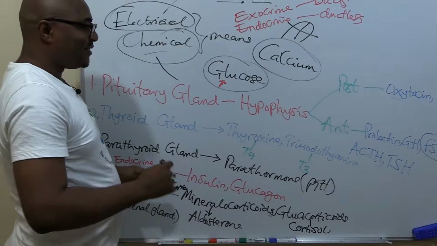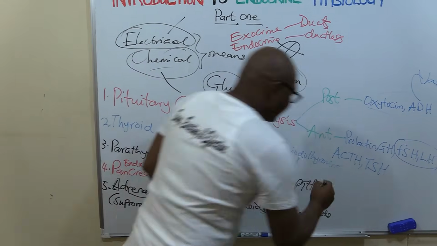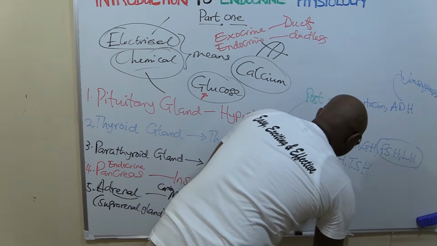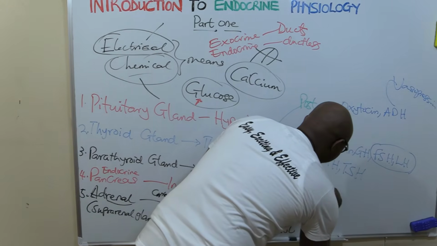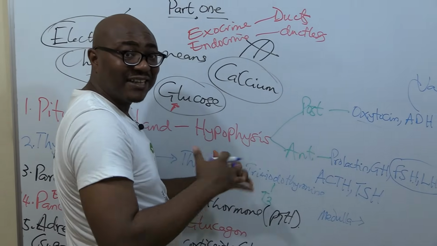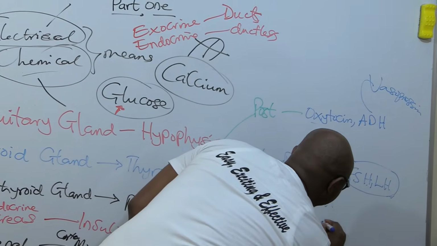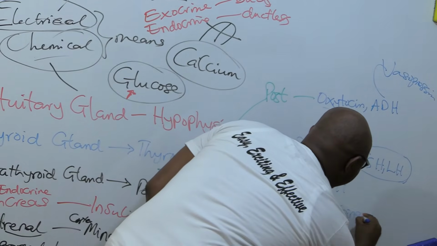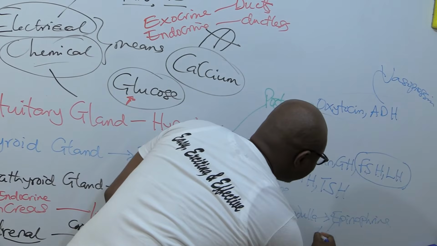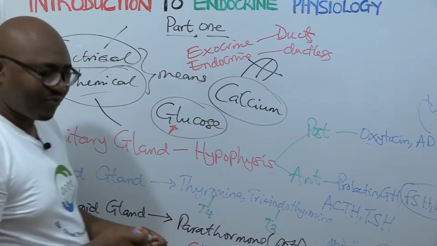Then the medulla of the adrenal gland. Let's write it somewhere here, the adrenal medulla. That's where you might have heard of adrenaline. You've heard of adrenaline, but you usually call it epinephrine. And its brother, you add nor to it: epinephrine and norepinephrine.